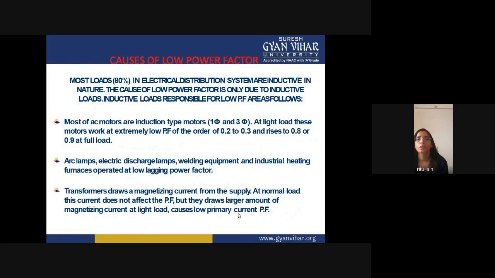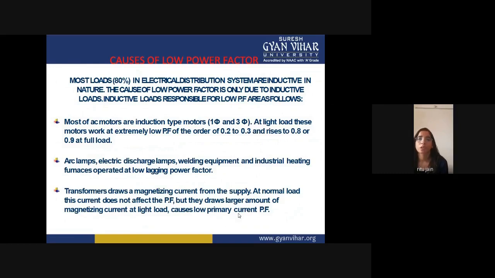A transformer draws a magnetizing current from the supply. At normal load, this current does not affect the power factor, but it draws a larger amount of magnetizing current at light load, which causes a low primary current power factor. These are a few examples responsible for low power factor.